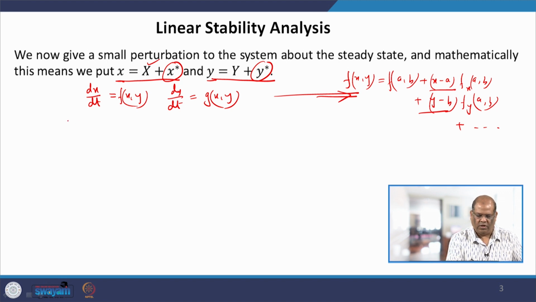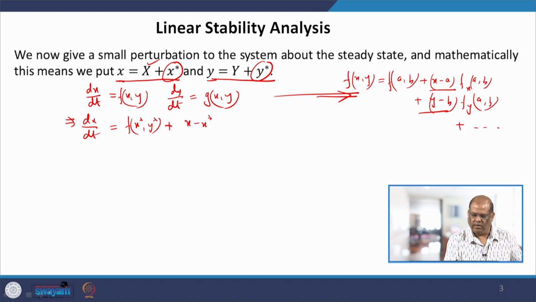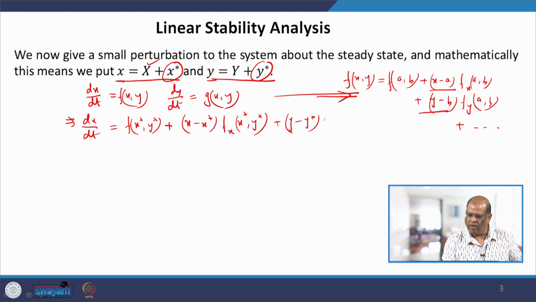If I take the first equation, this will give me dx/dt equal to f(x*, y*) plus (x minus x*) into f_x(x*, y*) plus (y minus y*) into f_y(x*, y*) plus higher order terms.